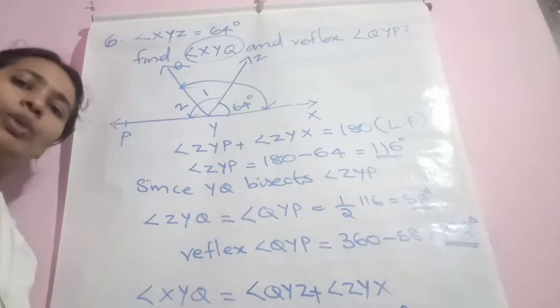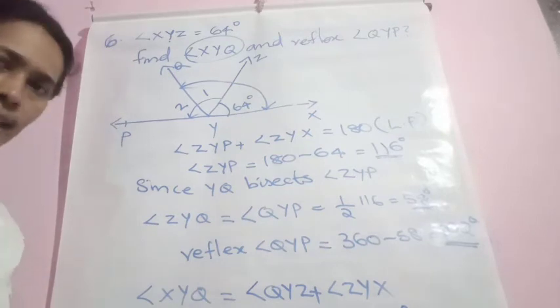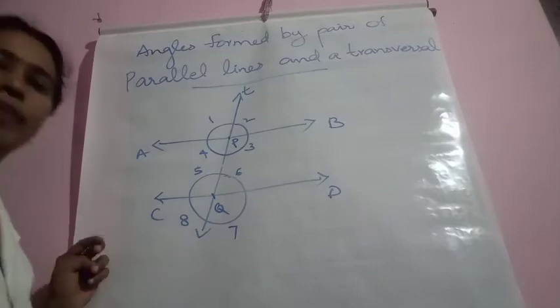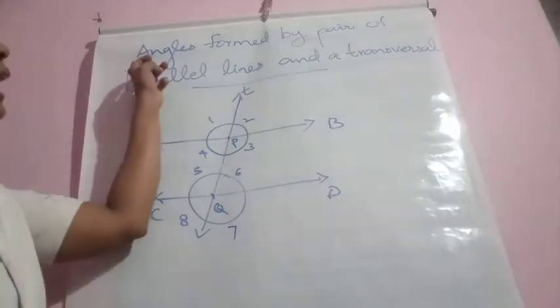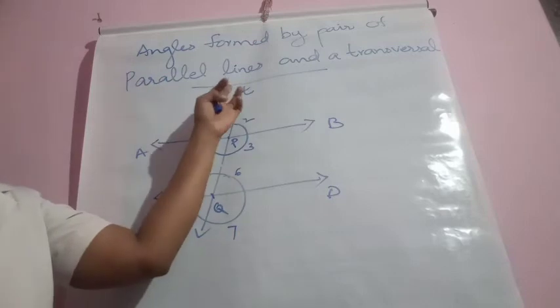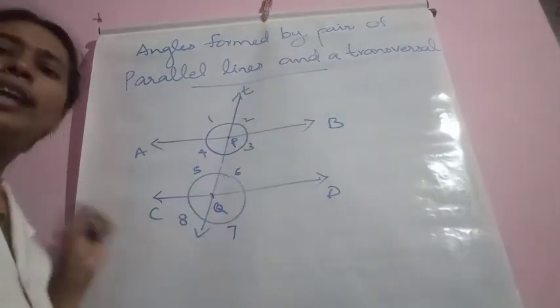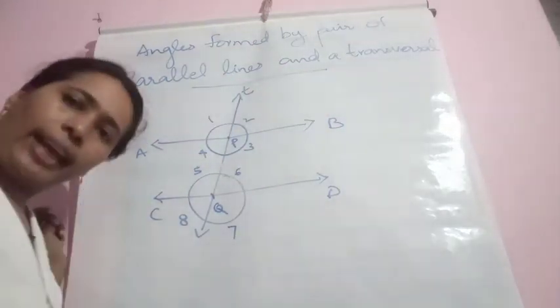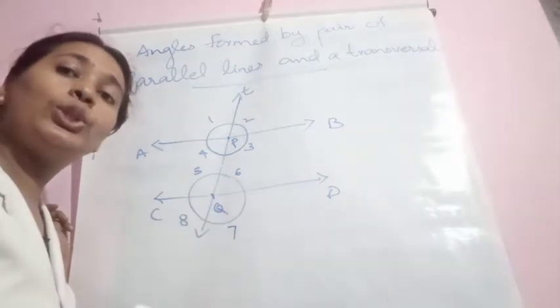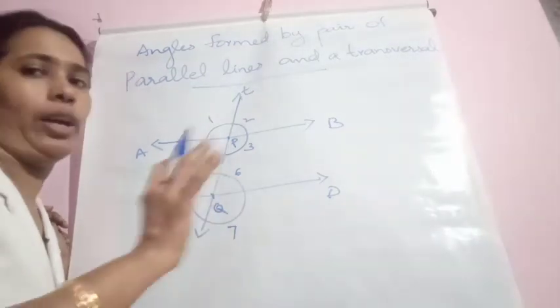Let us move to the other topic. Let us move to our next topic, that is angles formed by pair of parallel lines and a transversal. Transversal means it's a line which intersects parallel lines at two distinct points.